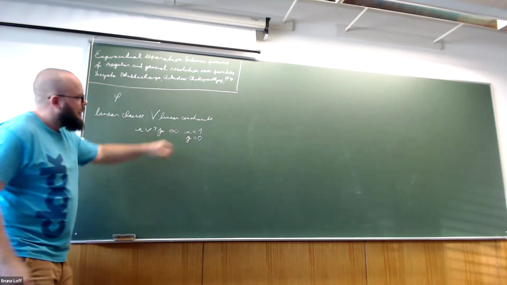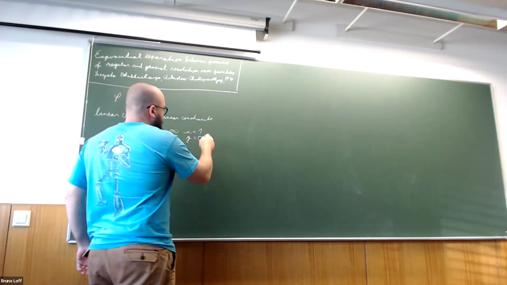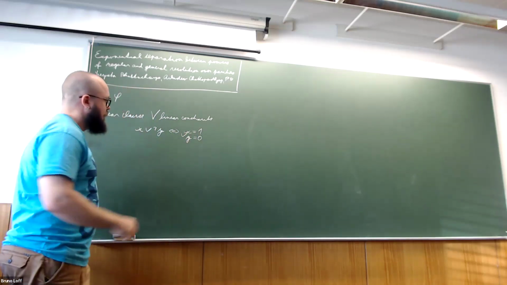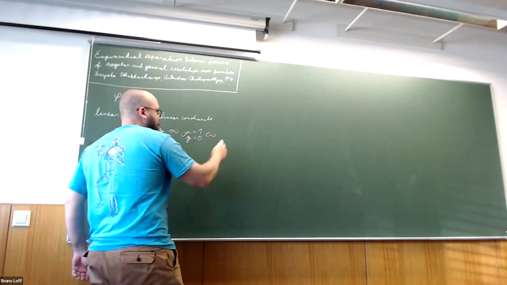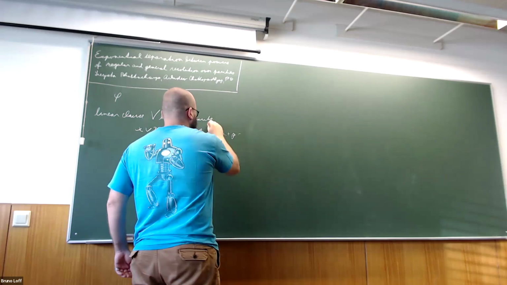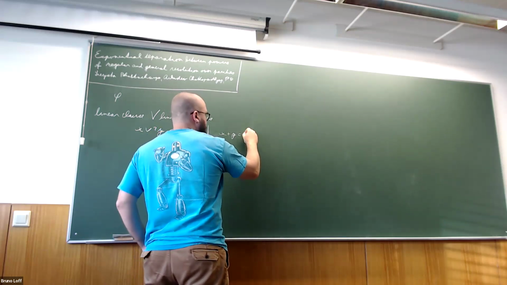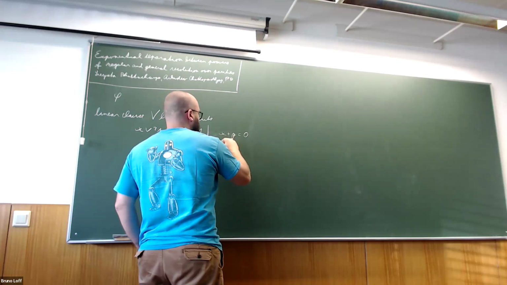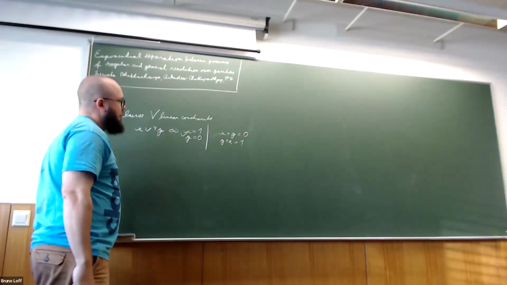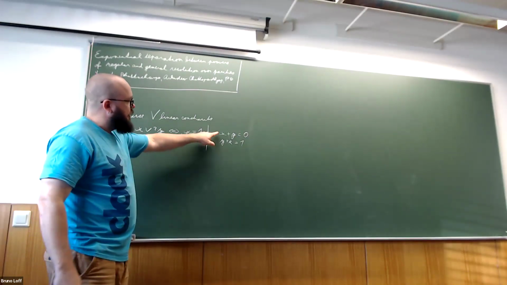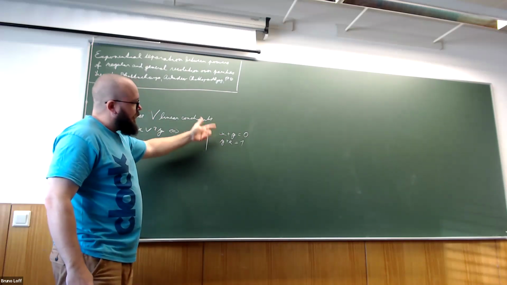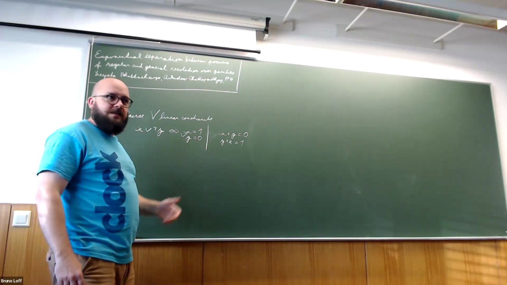If you replace it, for example, with x plus y equals 0 or y plus z equals 1, then any assignment of the variables that satisfies at least one of such constraints satisfies this linear clause.